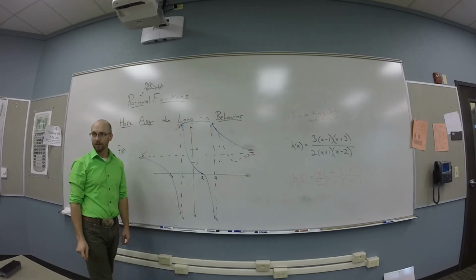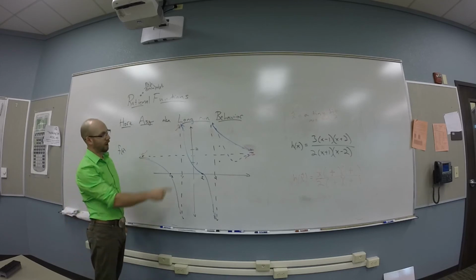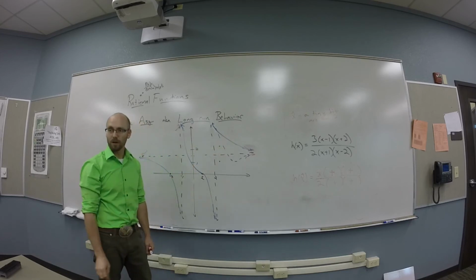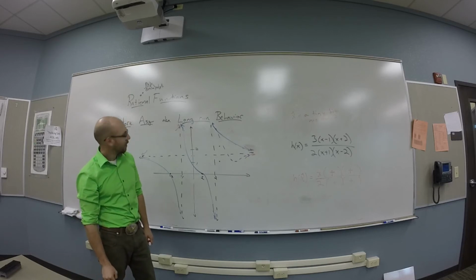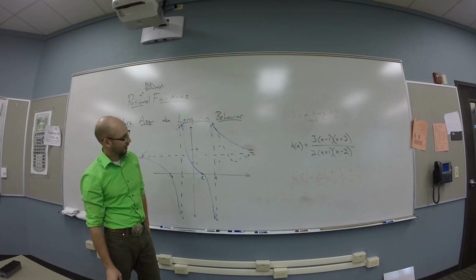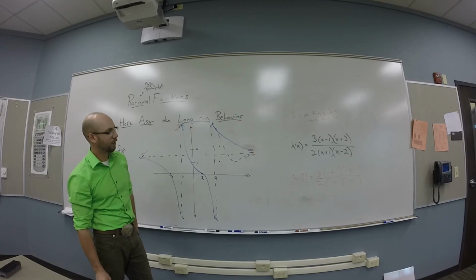Those two I don't really have a good tool for. We could plug in some points to get a better idea. Like if we went out to 10 million and plugged it in and actually calculated, we'd get something. We could find out if it's on top or on the bottom. My guess is that I'm probably right on both of these, but I'm not totally sure of that.